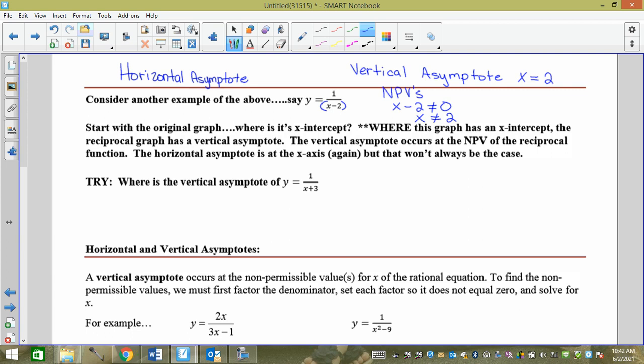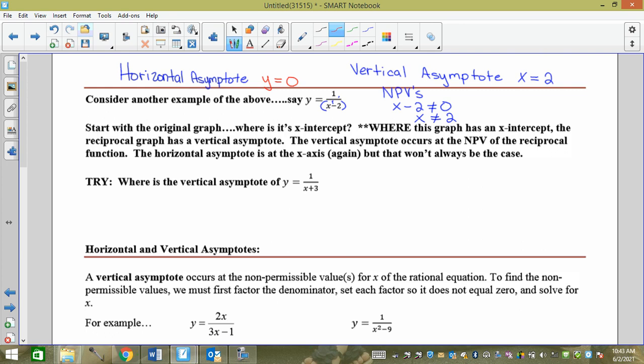If my numerator is a number, my denominator is a variable, that means my numerator is a smaller degree than my denominator. Because my denominator is degree 1, it's x to the 1. And this one's technically x to the 0, because anything to the power of 0 is 1, right? So the degree of the numerator is smaller than the denominator. So if my numerator has no variable and my denominator has a variable, my horizontal asymptote's at y equals 0 every single time. It does not change.